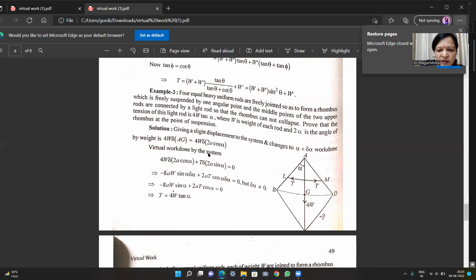So the virtual work done by the system will be 4W delta (2A cos alpha) plus T delta (2A sin alpha) equal to 0. On simplifying this we get this equation, but delta alpha is not equal to 0.